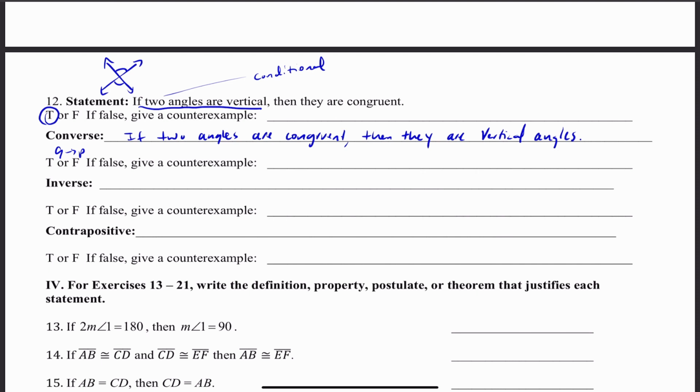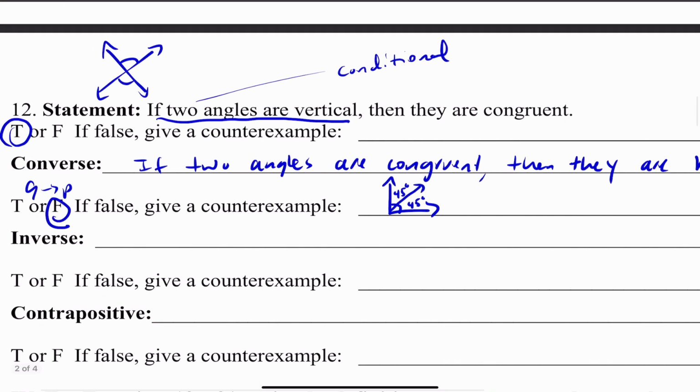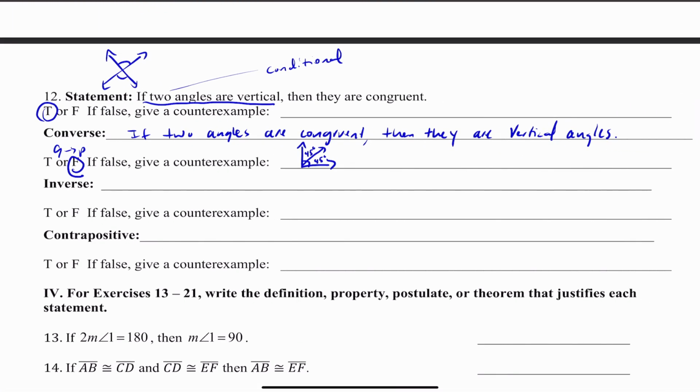So if two angles are congruent, are they vertical angles? No. And a counterexample would be this. So if I have two angles that are congruent that are not vertical, it would look something like this. Okay? So we can see that this angle here is 45 and this angle here is 45. They are congruent, but they are not vertical. And remember, vertical angles look like this. So that's false.